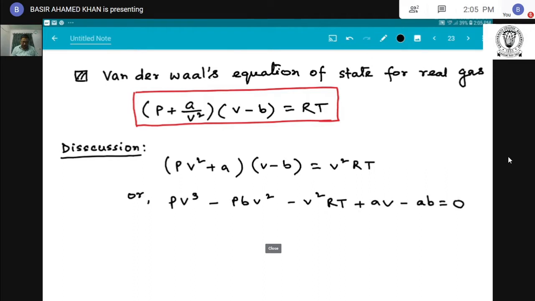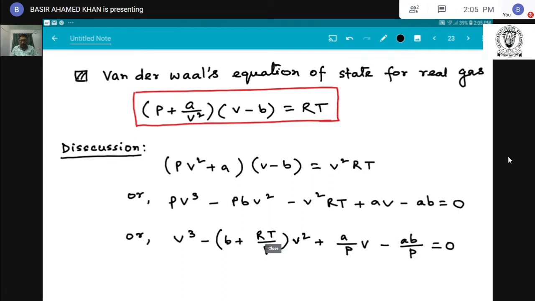Or I can arrange it this way: V cubed minus (b plus RT by P) into V squared plus (a by P) into V minus ab by P equal to 0. Suppose this is equation 1.